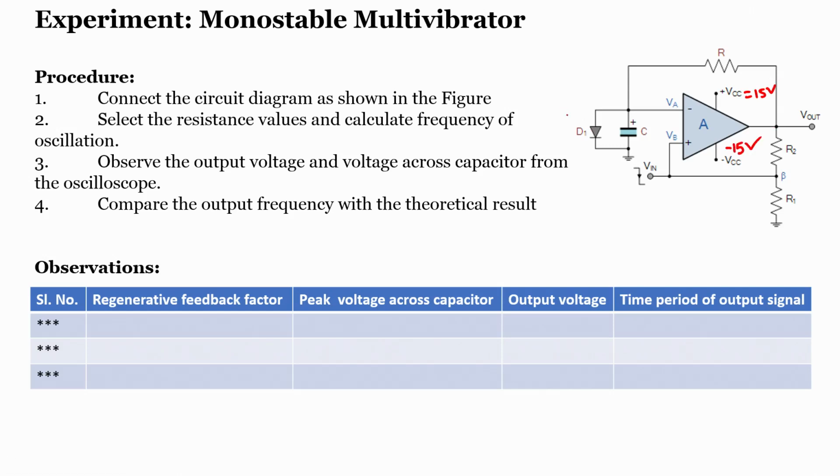We will take a diode. So we will find out what the diode cutoff is. Generally in a simulation we consider the diode cutoff value as 0.7. So whenever the capacitor reaches 0.7, the diode will be in forward bias condition. Whenever the input voltage is greater than 0.7, the diode will be forward biased, then the capacitor will go to saturation.